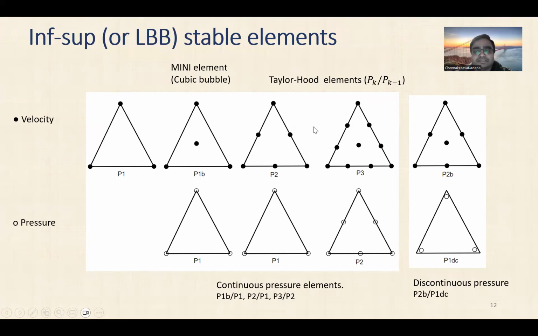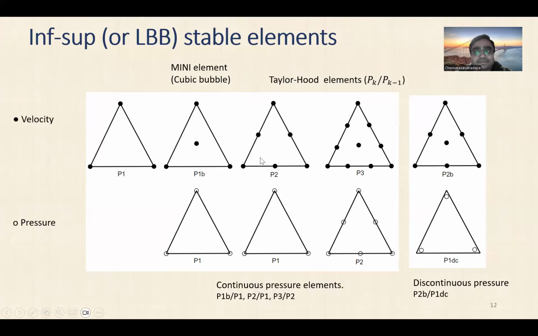There are other combinations, P2 P1 and P3 P2. These are with continuous pressure, and we also have some other elements with discontinuous pressure. In this lesson we focus on the continuous pressure elements because they are a little bit easier to implement.